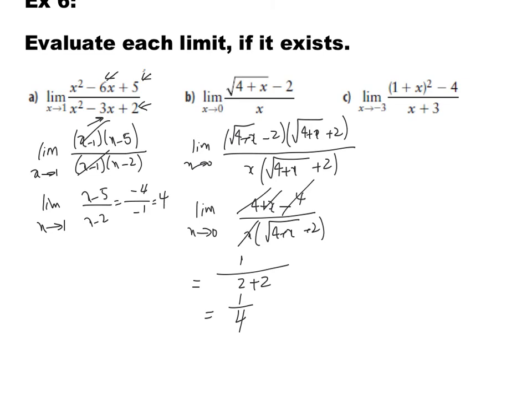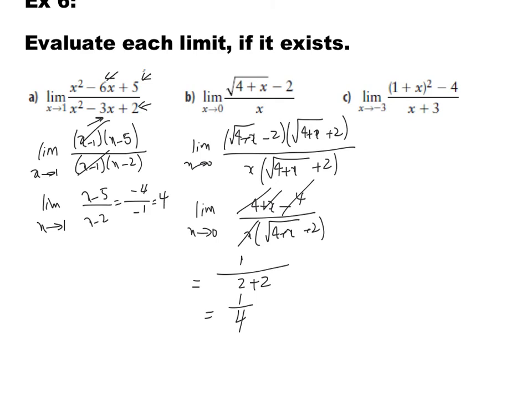The next one is the limit of x goes to -3 of square root of 1 plus x squared minus 4 over x plus 3. If you substitute -3 for the denominator, it becomes 0, so we have to be able to simplify it.